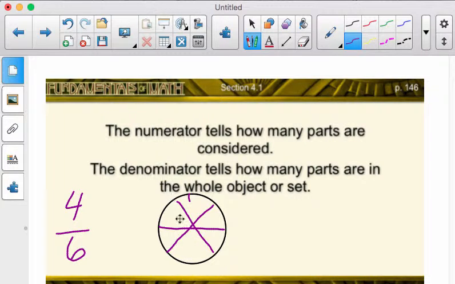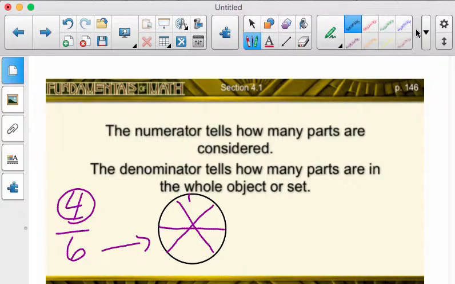Bam, got it. So I have 6 parts, but I only need to take into account 4 of them, which means I'm going to shade 4 of them. Let's get a little fancy. Let's use some crayons, right? So 1, oh, that's ugly. 2, but it'll do. 3, and 4, okay?